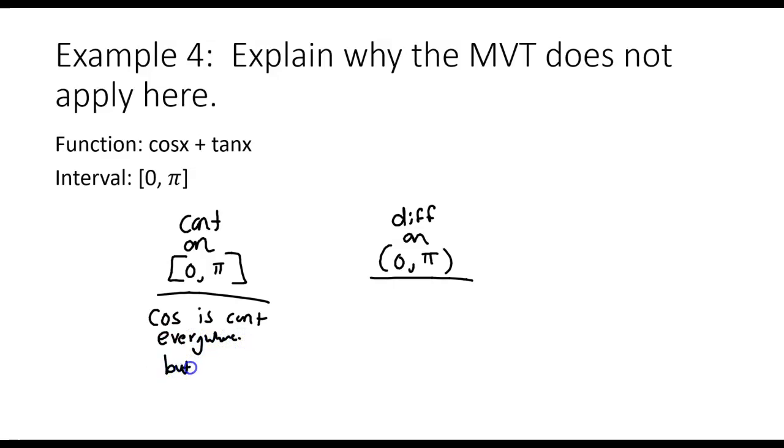But tangent is not continuous anytime you have pi over 2 plus some multiple of pi, okay? So this tangent is not continuous at pi over 2, which is on the interval.